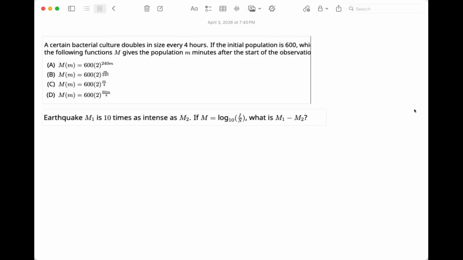Do you guys get that? Earthquake M1 is 10 times as intense as M2.